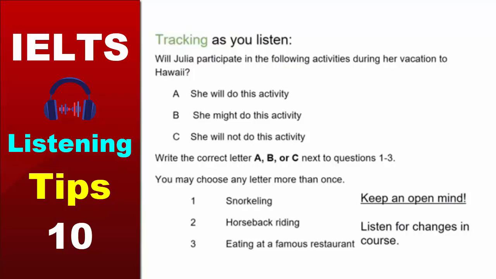The answers will come in order, but they can go back and forth between them. Let's say that they're talking about horse riding, and the speaker may seem like she's definitely going to do this, but then she might change her mind a few sentences later. Just keep that in mind, that speakers often do change their minds or change course in IELTS listening passages.